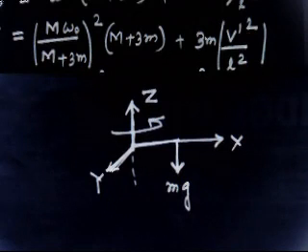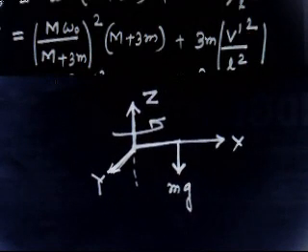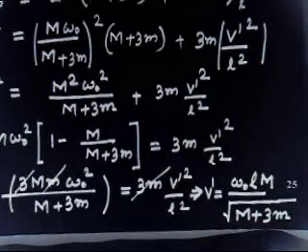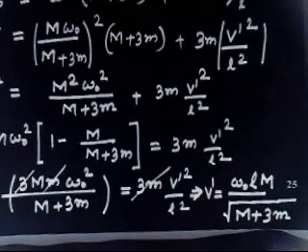And the second important point we have in this problem is the concept of relative motion. The rod itself is moving in a circular path, and over that rod the sleeve is moving in a straight line. So if you just sit on the rod, you see the sleeve is moving in a straight line. So motion of the sleeve with respect to the rod is a straight line, simple.